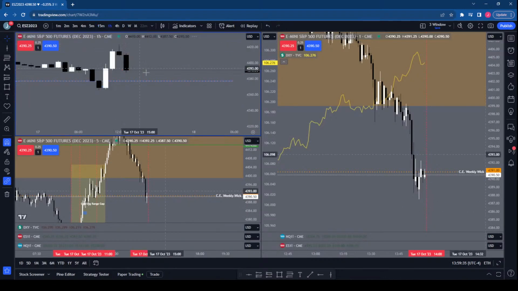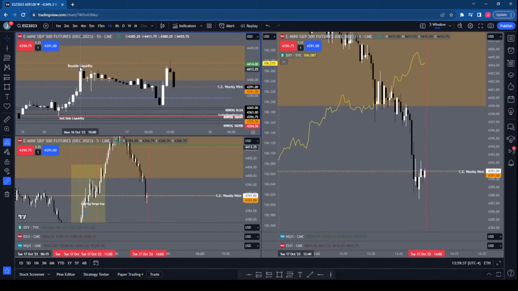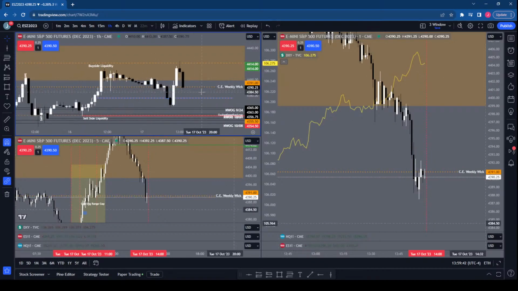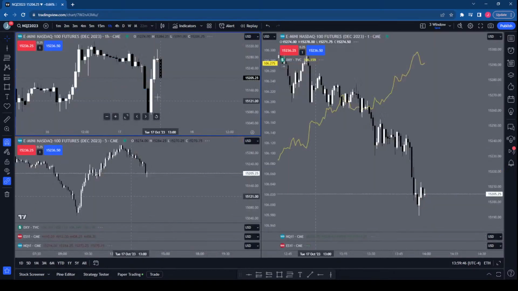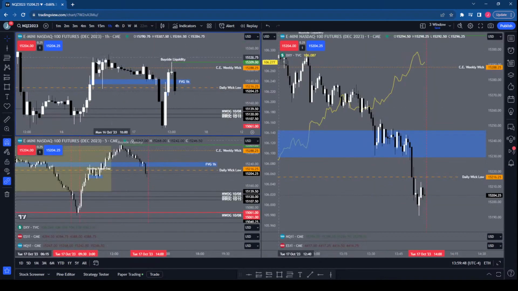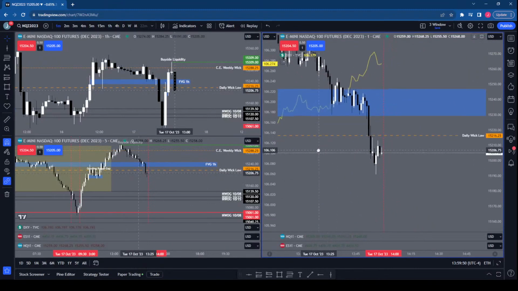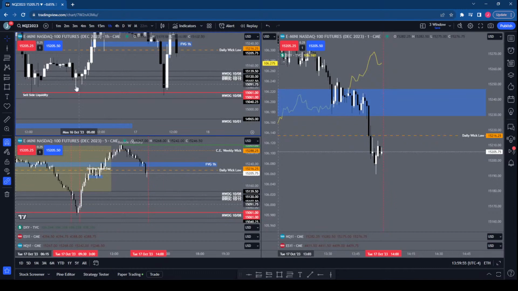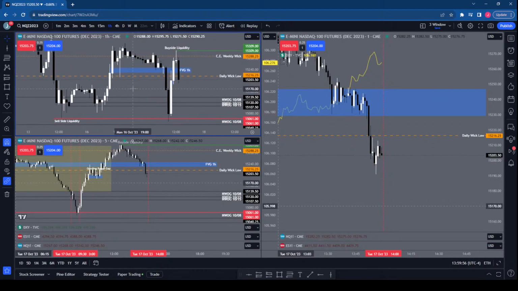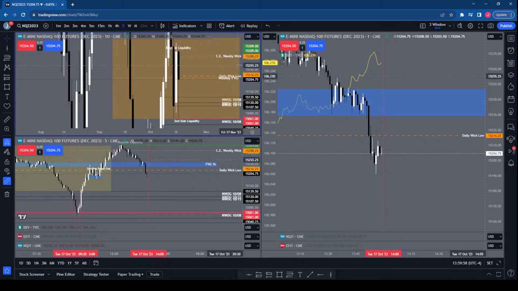On the 1 hour chart, that's yesterday's high. I have it outlined as buy side liquidity. The thing is, on NASDAQ, we didn't take that high. So NASDAQ's looking a lot more bearish. NASDAQ also was able to take that previous day liquidity on the downside.